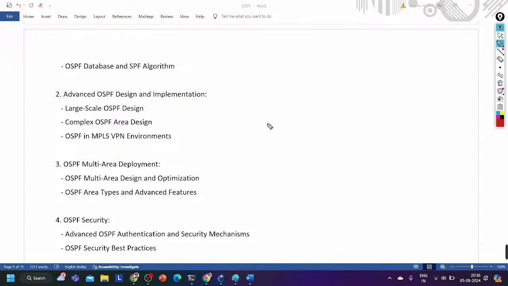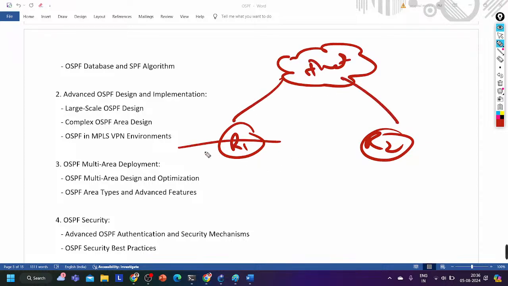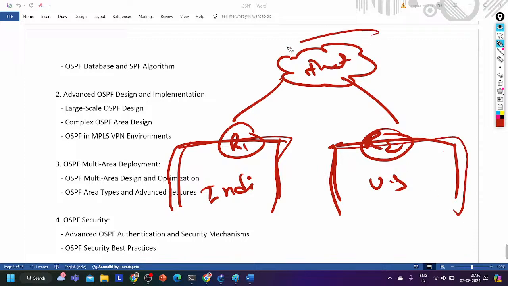And now, suppose 2 branch offices are directly connected together with the help of the internet, right? Like this. This is, let's say, in India, and this is, let's say, in the US. So this is my private network, right? This is my private network. This is the public network. So 2 private sites are connected together with the help of a public network.